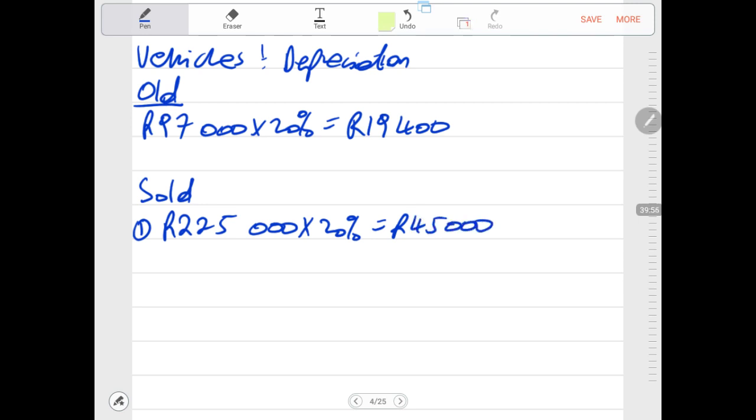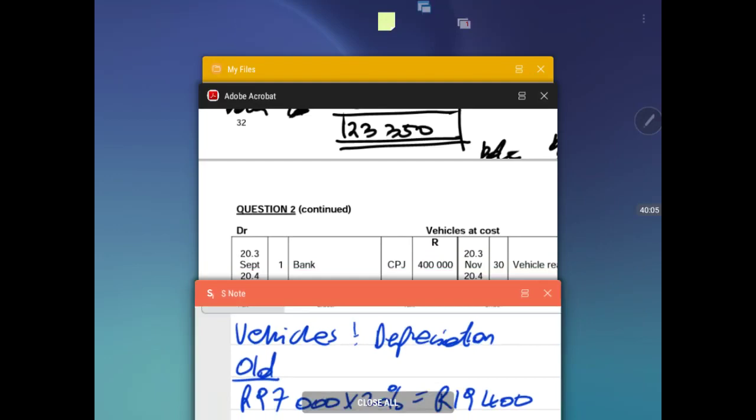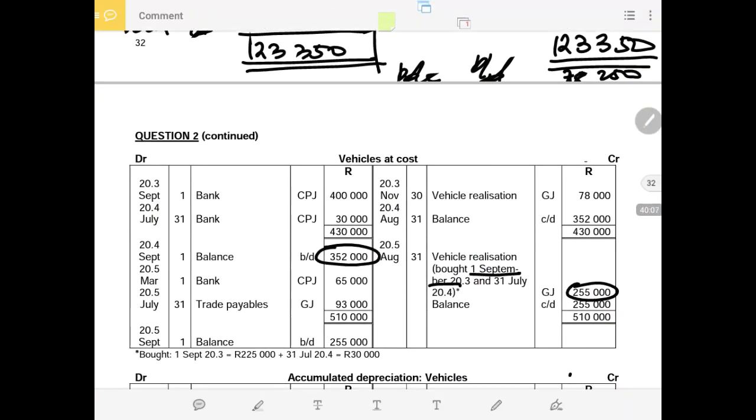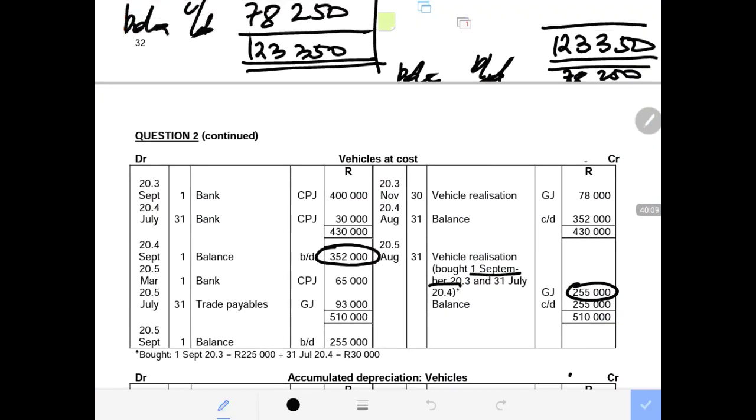Then because this was sold, we also need to know the depreciation of the previous year, so that we can know the total depreciation for this vehicle. We need to know that the vehicle that was bought for 225,000 was bought on the 1st of September. That has been highlighted to us there.